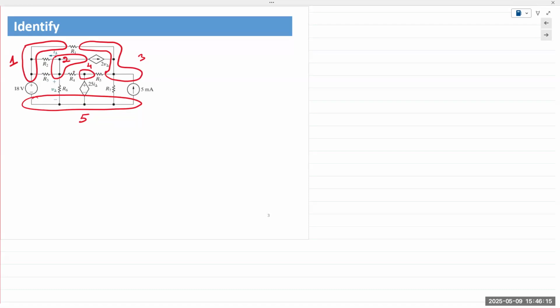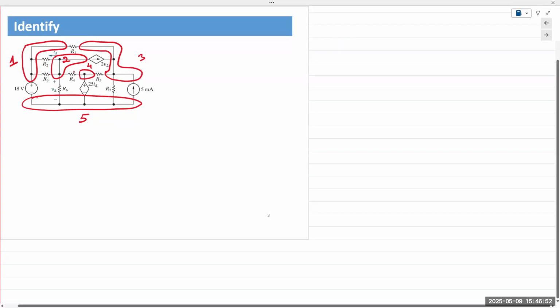For me, it took a long time when I was a student, more than 30, 35 years ago, to get my head wrapped around how to identify circuit elements in series, what is a node, what's in parallel, what's not. Every student works at their own pace. Some grasp it quicker than others. But my advice is to practice as much as you can looking at different circuits. So we have 5 nodes in the circuit.